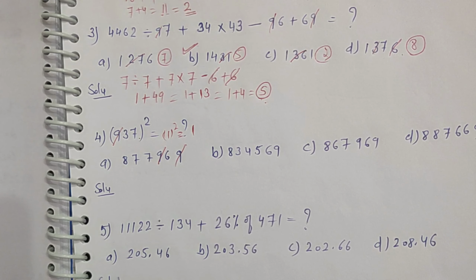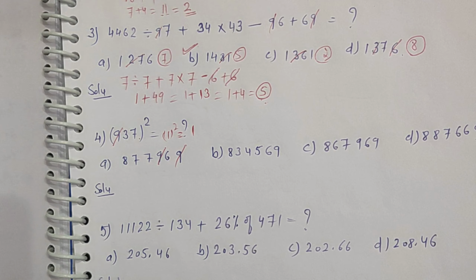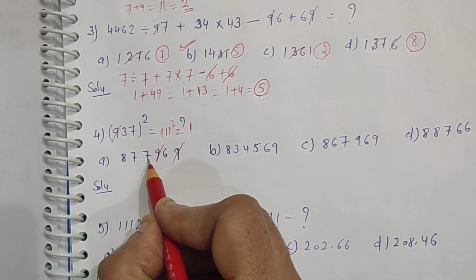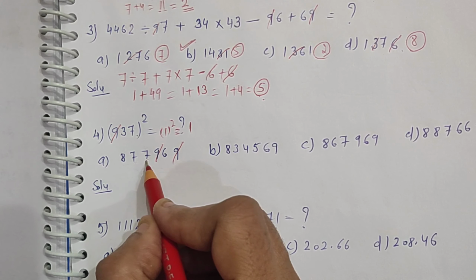over here. So 8 plus 7 is 15 and 15 can be written as 6, right? Now this 6 plus 7 is 13. 13 can be written as 3 plus 1, 4, right?